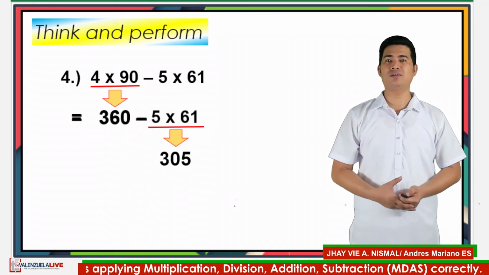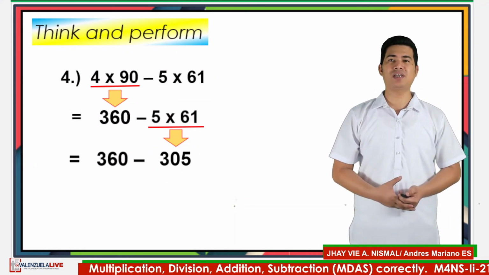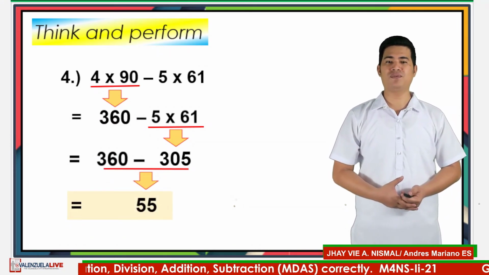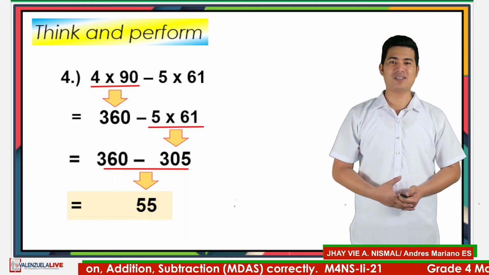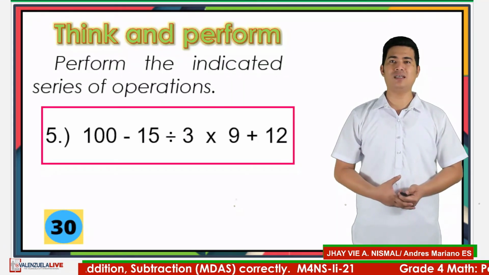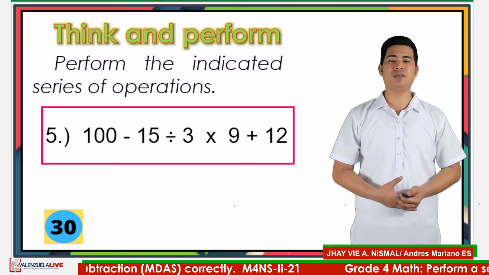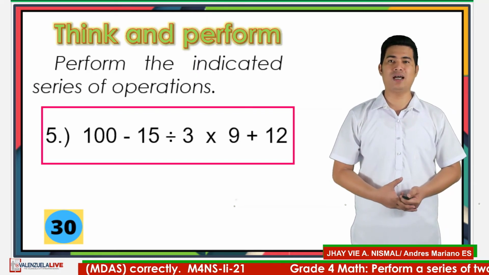Then bring down 360 and minus sign. 360 minus 305 is equal to 55. If you come up with 55, excellent. Lastly, 100 minus 15 is divided by 3 times 9 plus 12. Your timer starts now.